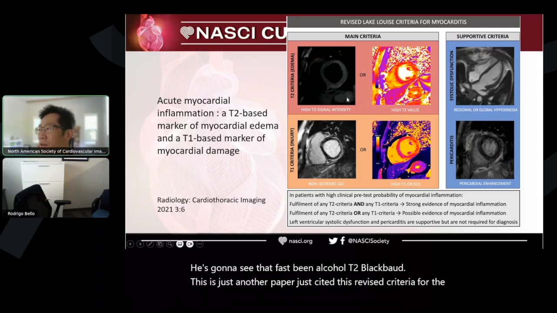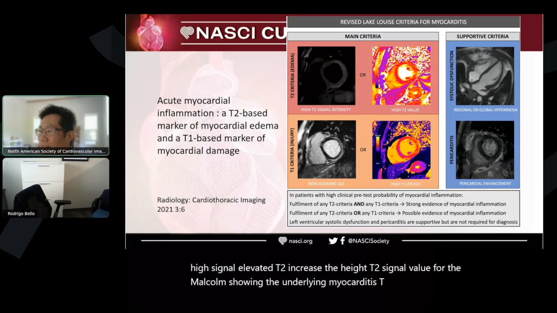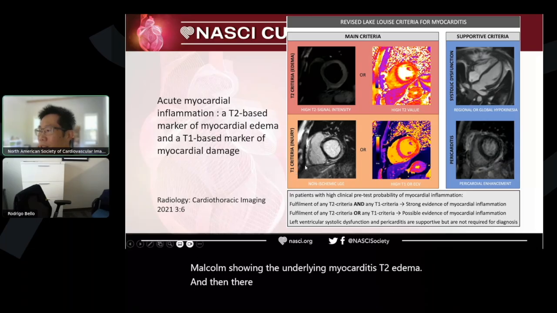T2 high signal, elevated T2 value for the myocardium, showing myocarditis, T2 edema, and then there's elevated native T1 and the ECV showing the underlying intrinsic fibrosis.